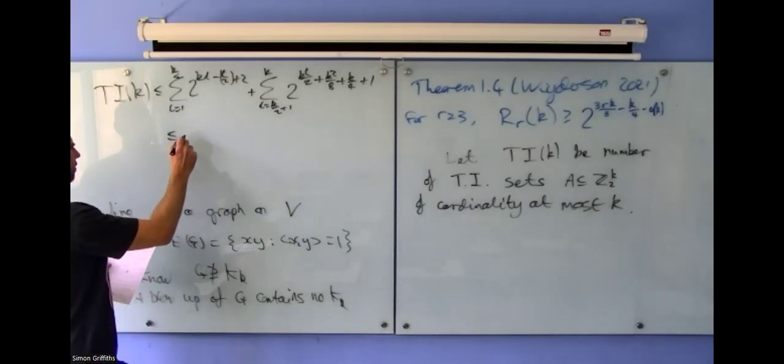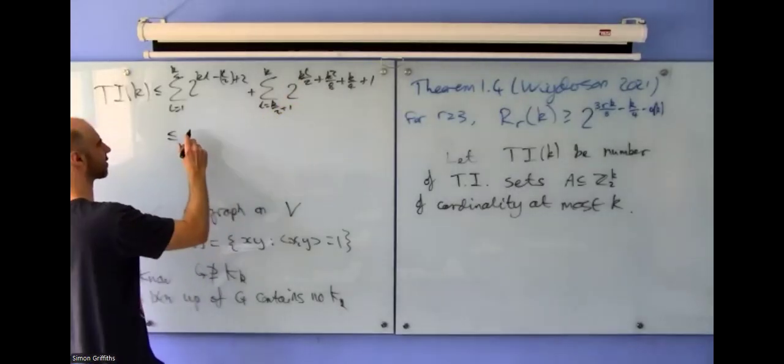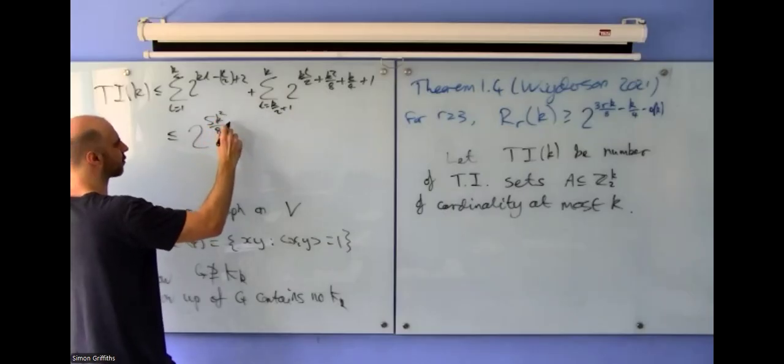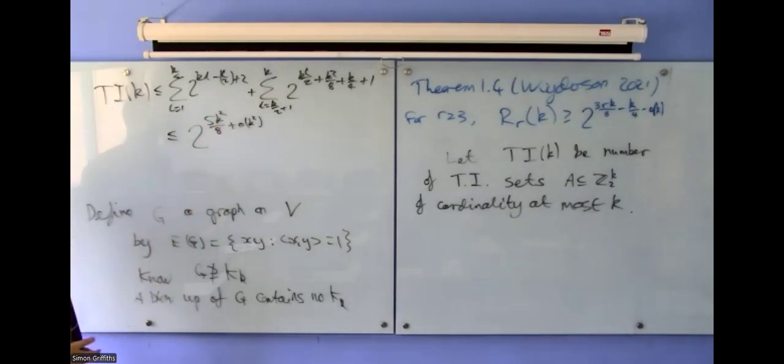So this is at most, and the largest term, you put L equals K, you get 5K squared over 8. And then I'll just put a little o of K squared. It would be something smaller than that, but we don't really care. Actually, with this proof, I'm going to try and be better at just throwing away terms we don't care about. So a little o of K squared.